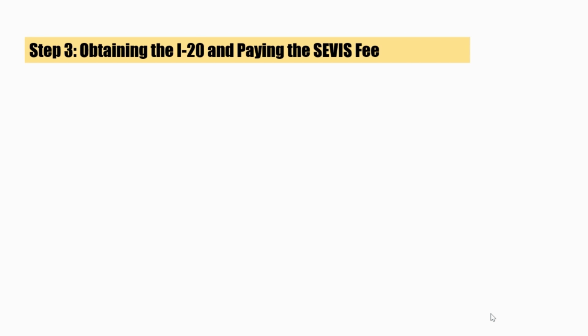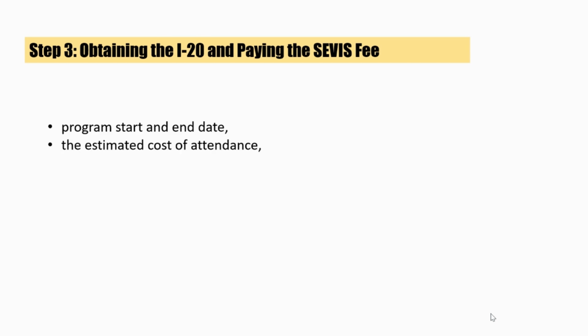This I-20 form contains a lot of details, and it is a very important document. It contains detail about your program start and end date. It contains detail about how much your tuition fees will be, how much your living expense will be when you come to the US, and it also contains detail about your funding source, like how you are going to fund your education in the US.